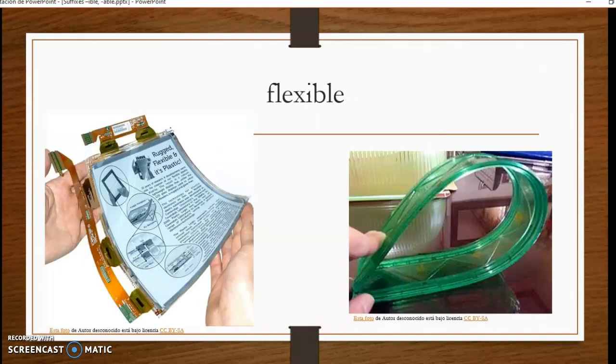Flexible. The first word was sensible, and I told you that a person can be sensitive, but skin can be sensible. Flexible can refer to both objects and people. The schedule can be flexible, a person can be flexible, or different objects that can move in different directions.